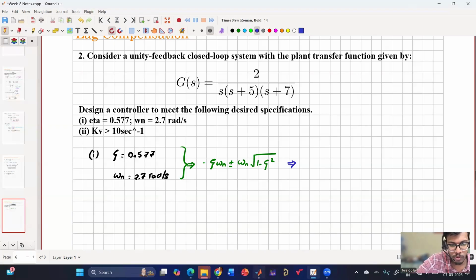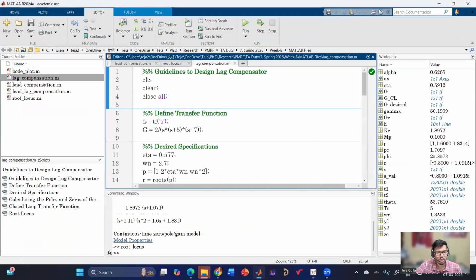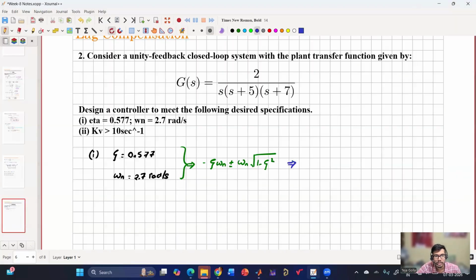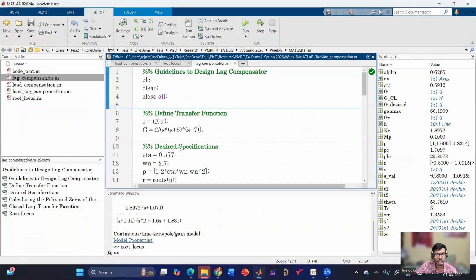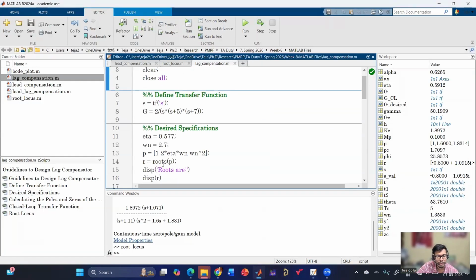From this, if you calculate, I will get my desired closed loop poles. This MATLAB code I have also written for the lag compensation, and I'll be explaining the code. If you see, I have used the same transfer function, 2 by s into s plus 5 into s plus 7, and the desired specifications are 0.577, which is what we have given in the question, and 2.7. So I am calculating the roots.